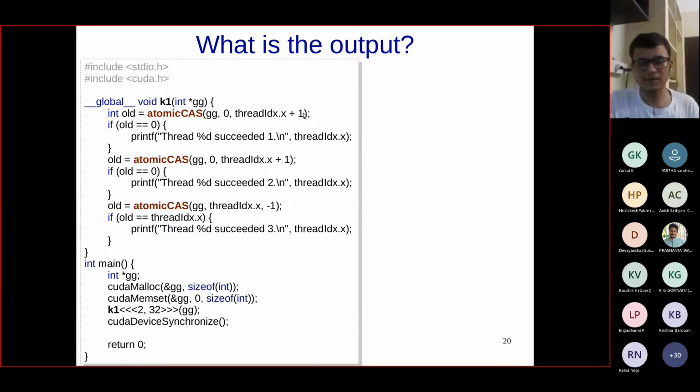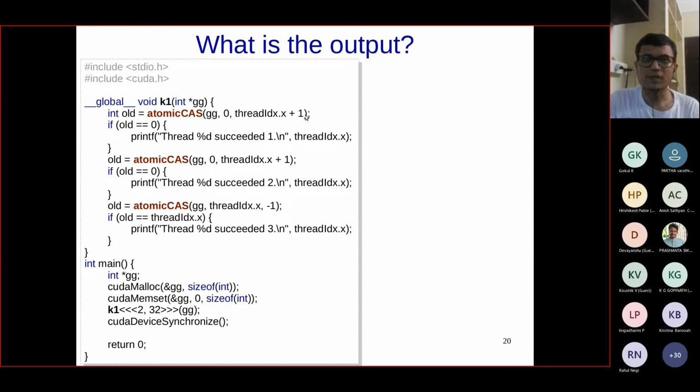That is its ID plus 1. So it can be any of the threads, right? It can be thread 0 or thread 1 or thread 5 or thread 10 or thread 31 of any of the blocks. Please note that there are two blocks, and it can be a thread of any of the blocks. Please note that we are not using any block ID here.